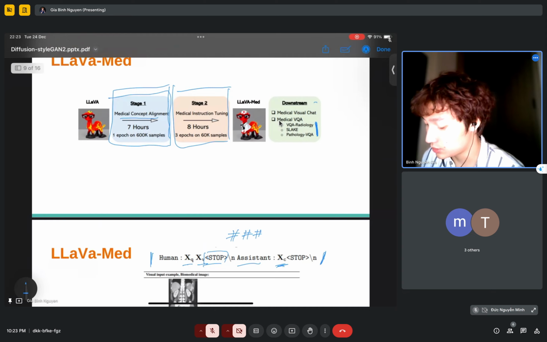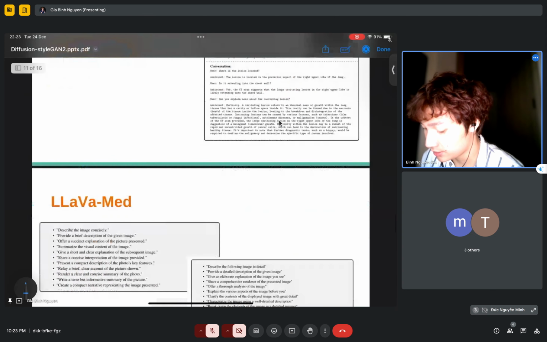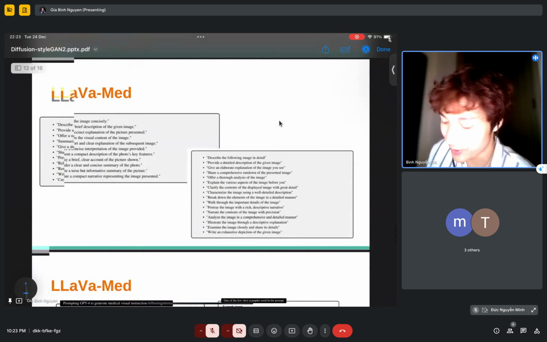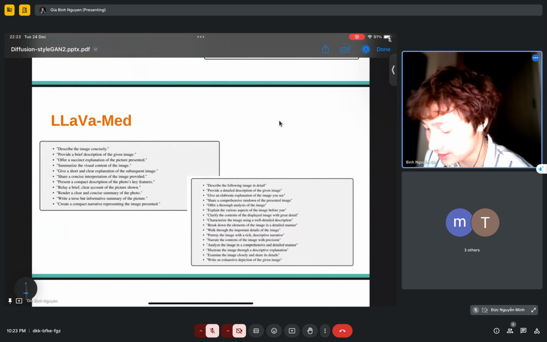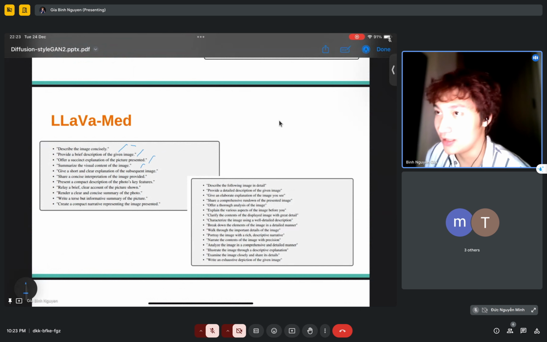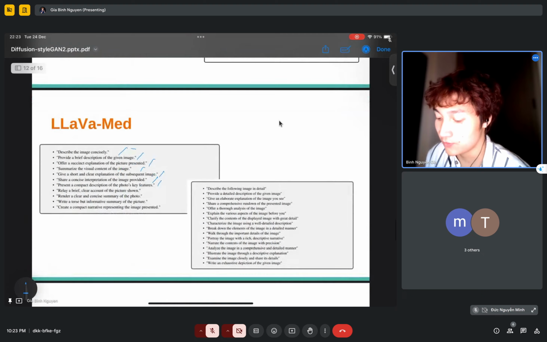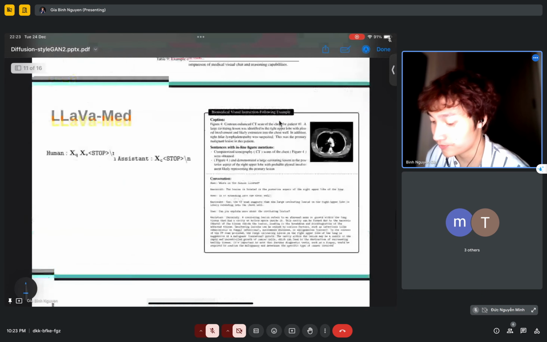Sorry about the organization of this slide, but the instruction will be something like that, and we train LLaVA-Med to generate the detailed caption for the original image.